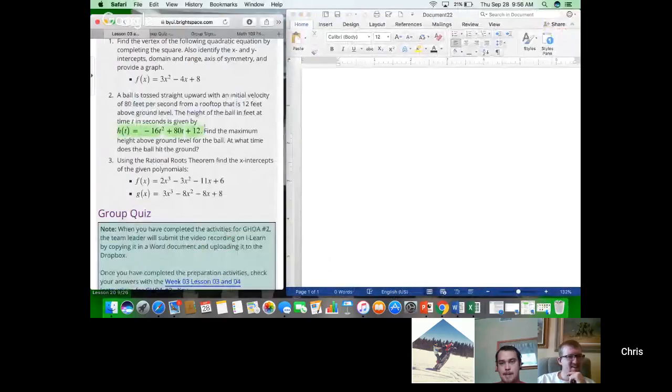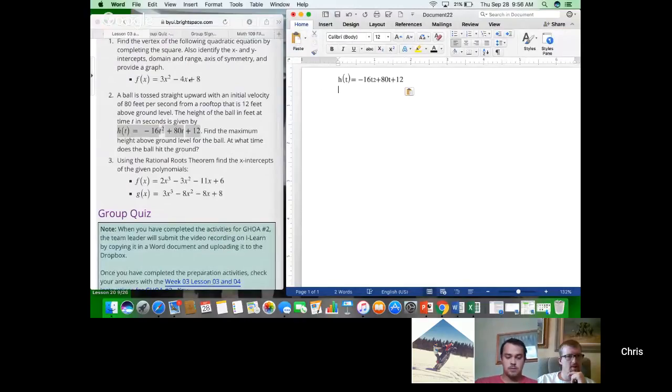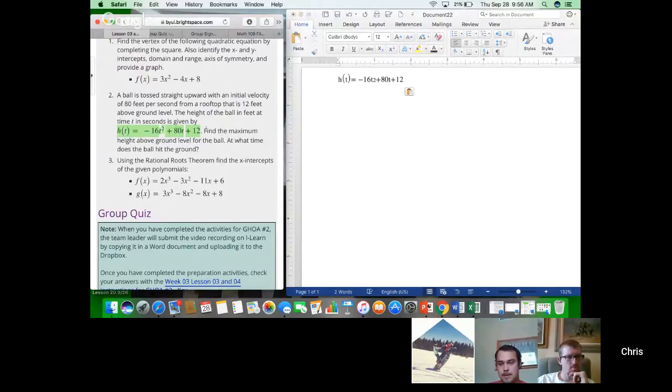Okay, so we have this parabola right here. You just have to find where the vertex is, where it hits the maximum. So find the maximum height. And at what time does the ball hit the ground? Which would be 0. That's when height equals 0.